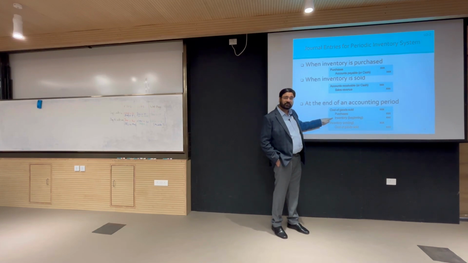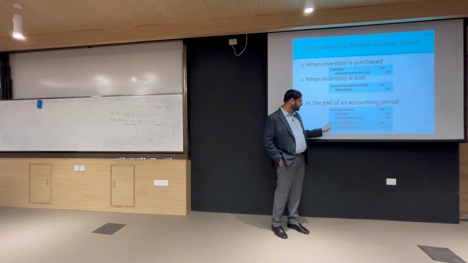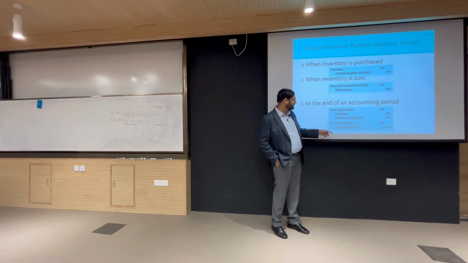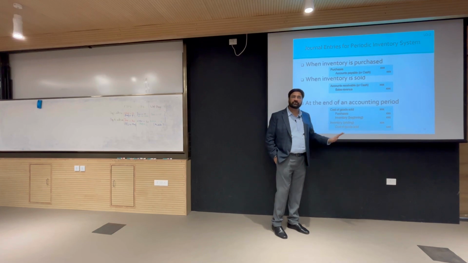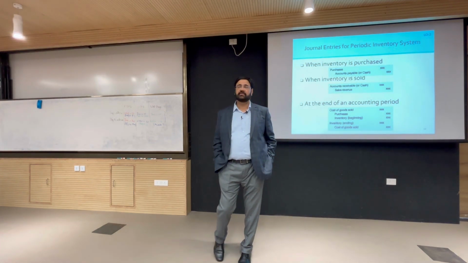So cost of goods sold is debited, purchase and inventory opening stock are credited. Finally, closing stock is debited and cost of goods sold is credited. Are you seeing that? And why does it make sense? The same thing. Opening stock plus purchase minus closing stock represents the net cost of goods sold. Right? Next.